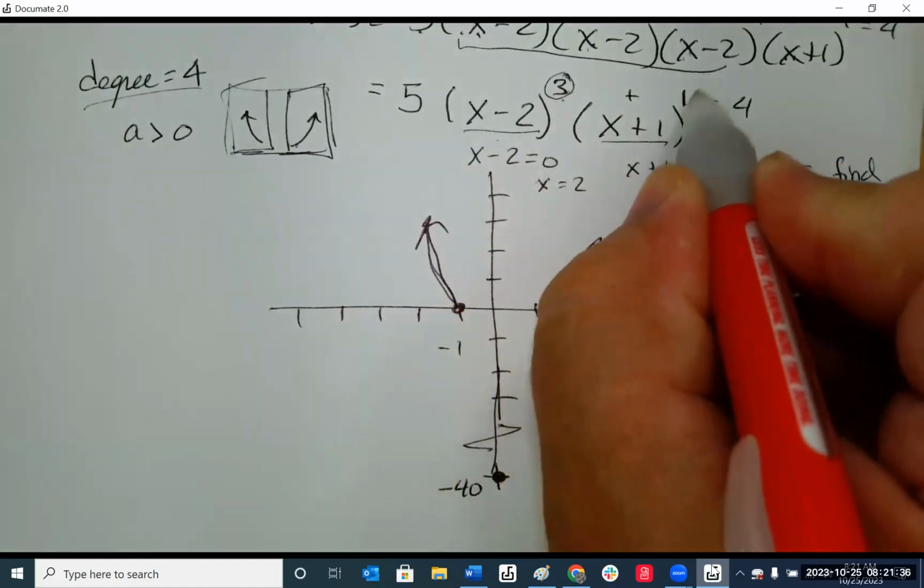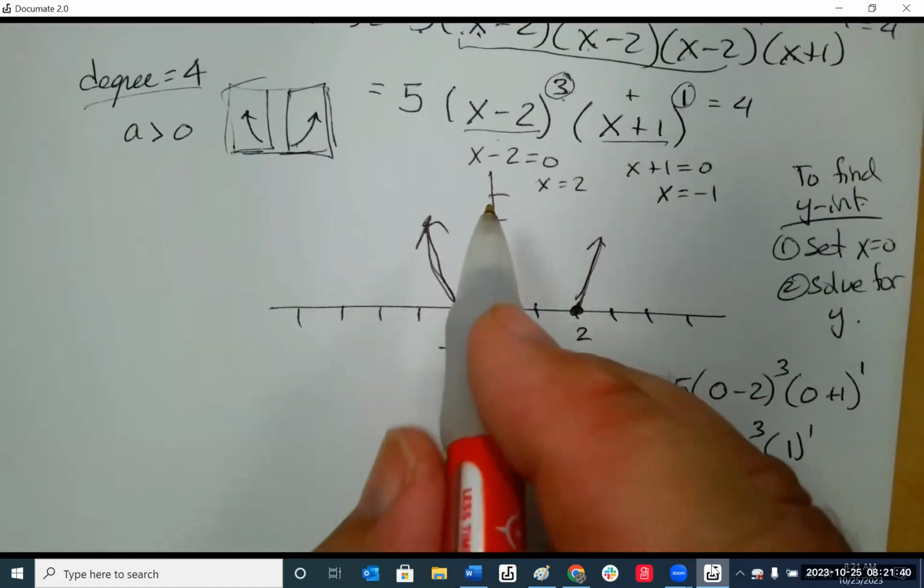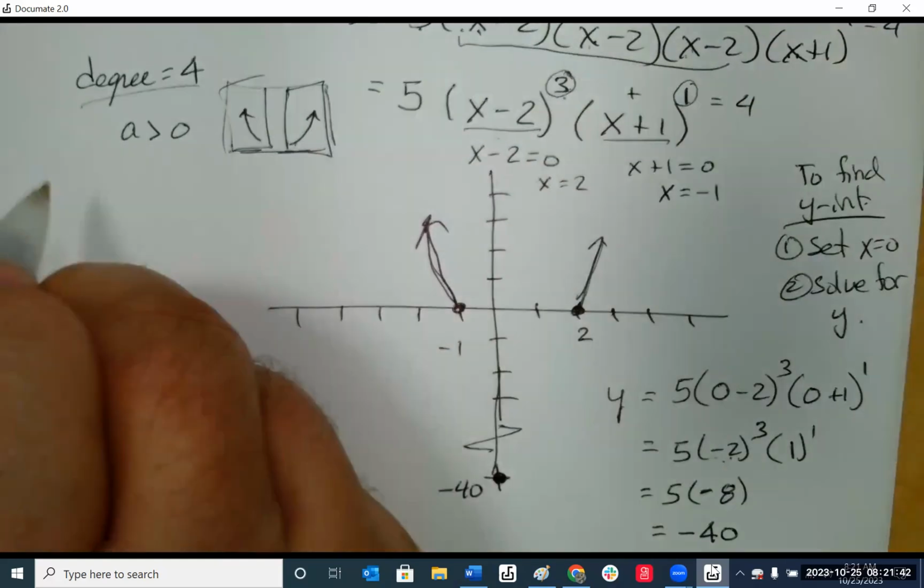But we also know, since the exponents of these factors are both odd, it's called a multiplicity.